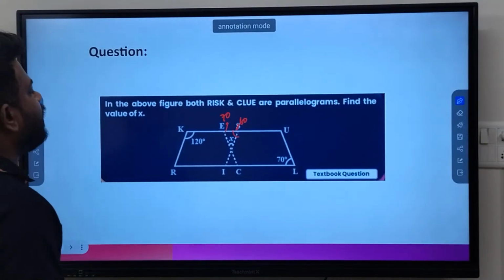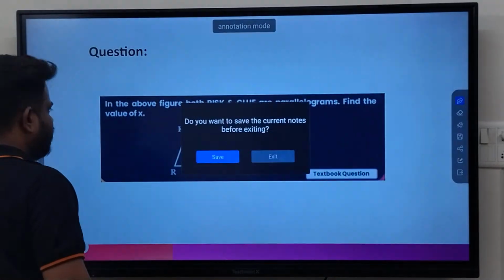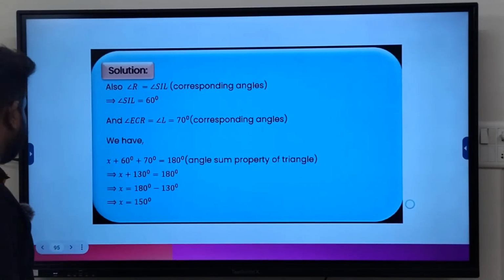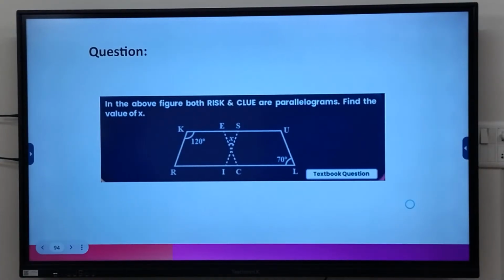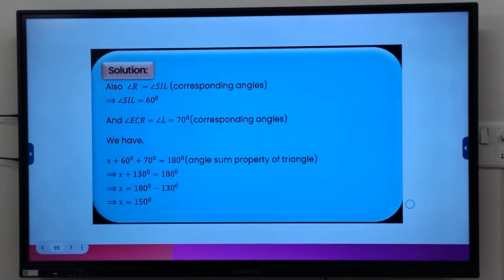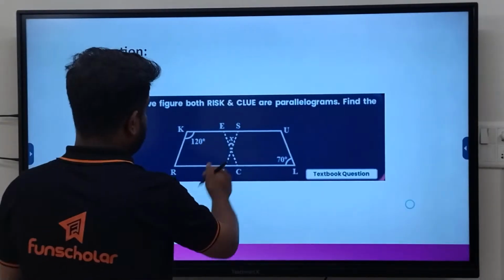Okay, so this one has to be 50 degrees maybe. So I think 50 is the answer. Also 150. 60 and 60, find the value of x. Okay, so from R, oh sorry, I have made a mistake.